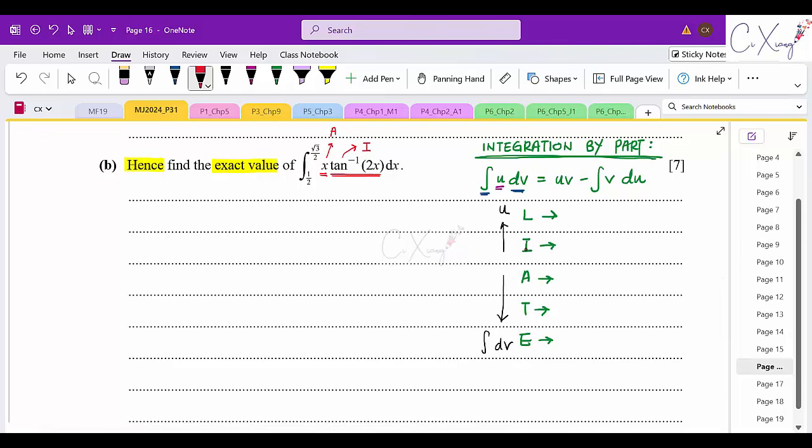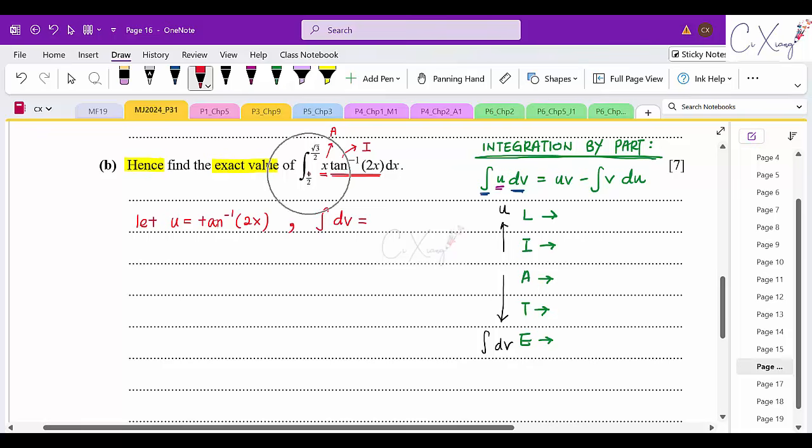So you let u equal tangent inverse of x, and you let integration of dv equal the remaining, which is x dx, so integration of x dx. This is the first step to start with integration by parts.